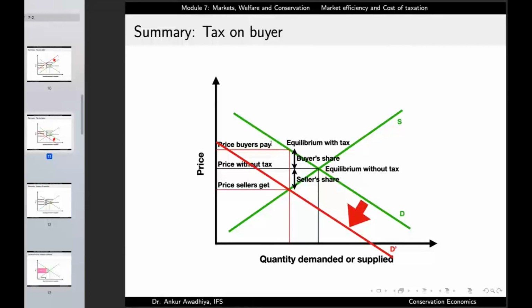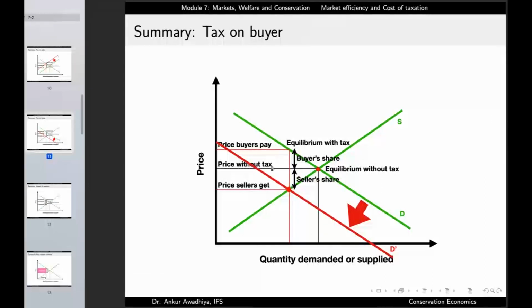So this is the original demand curve, this is the new demand curve. Because the tax is being imposed only on the buyers, we see a shift only in the demand curve and no shift in the supply curve. This was the earlier equilibrium without the tax. This is the new equilibrium with the tax.